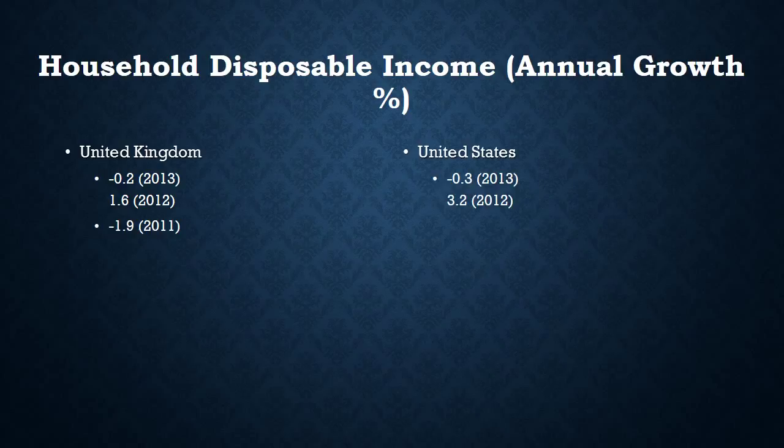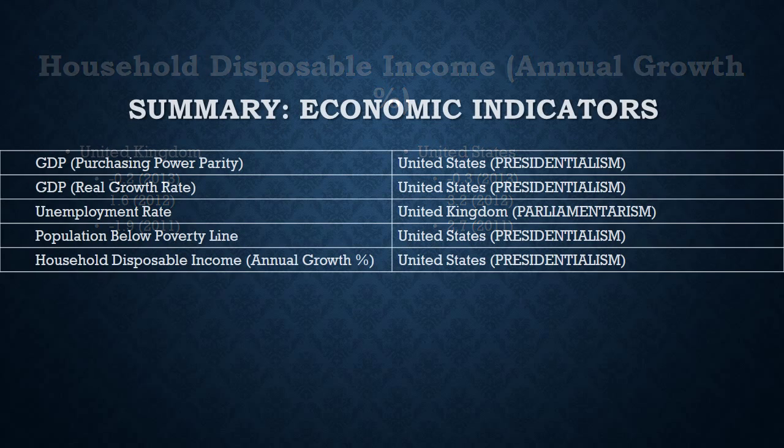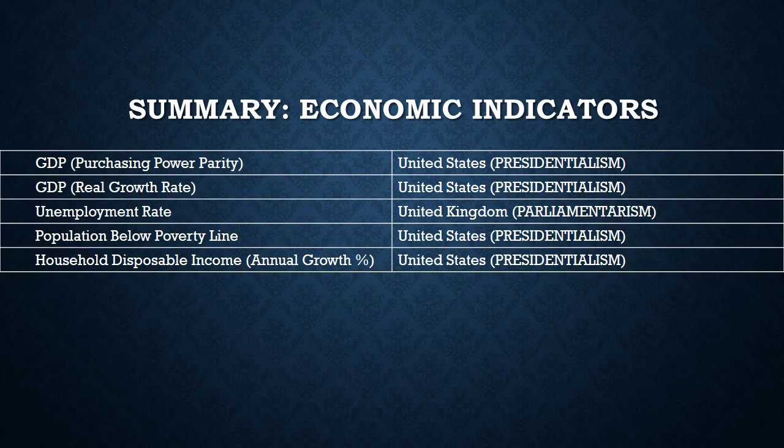For household disposable income or annual growth percent, the United Kingdom in 2011 has negative 0.9%, while the United States has positive 2.7%. In the succeeding year, the United Kingdom has positive 1.6%, while the United States garnered positive 3.2%.